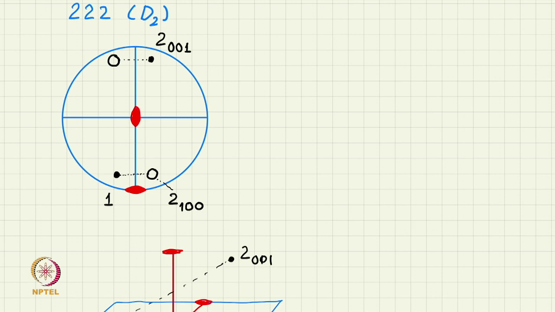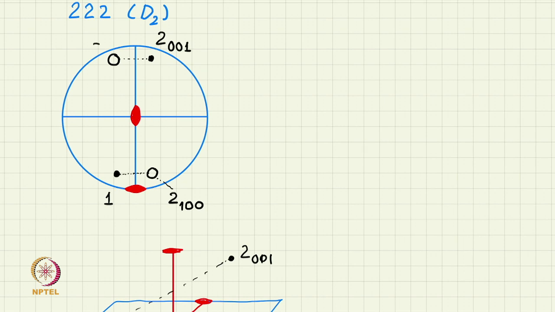But the question is, what operation does this point result from? I had already gone from 1 to 2001 and now 2100 is acting on 2001. So, this one is actually a product of two operations.